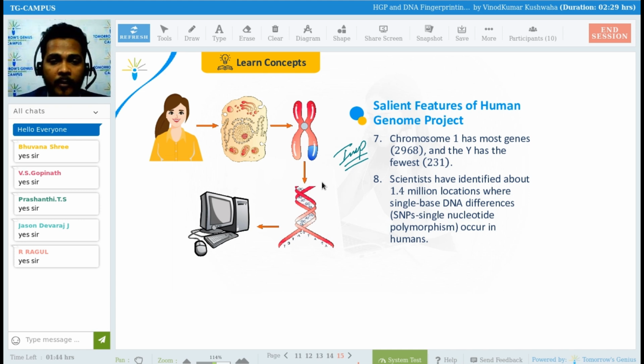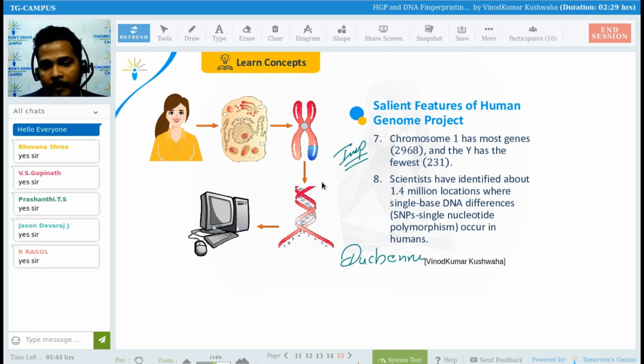The name of the largest gene of the human body is Duchenne muscular dystrophy.